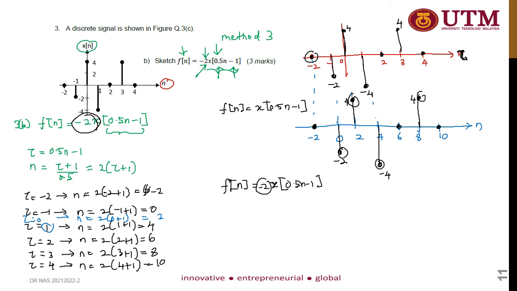Meaning that the amplitude will be inverted and the magnitude will be scaled up by 2. Right, so in this case, the same position and the arrangement is okay. You start with negative values up to the maximum positive values, so you can just simply copy the position: -2, and then 0, 2, 4, 6, 8, and 10.